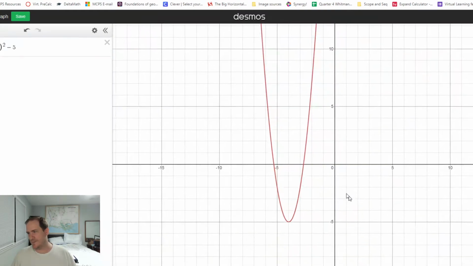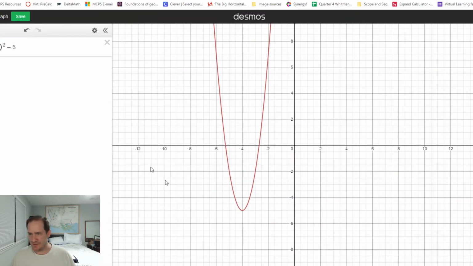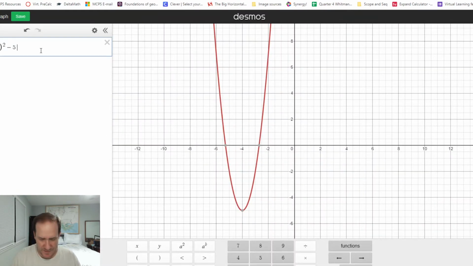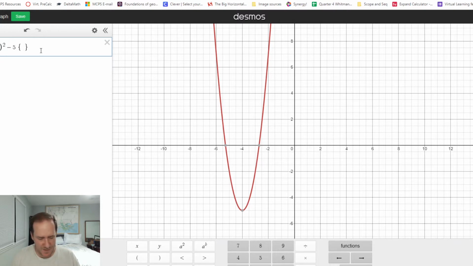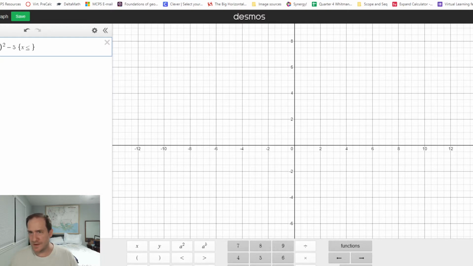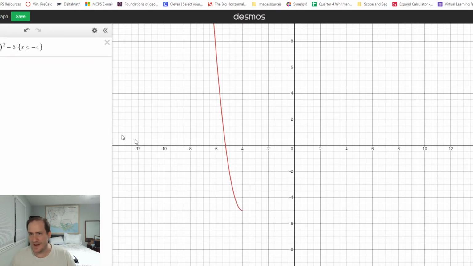So it's that, but remember, it's not really that. It was on a restricted domain. So we can do that in Desmos. You just put your restrictions in braces. And so we said we wanted only those x's that are less than or equal to -4. And then you see the graph gets restricted to just that half.